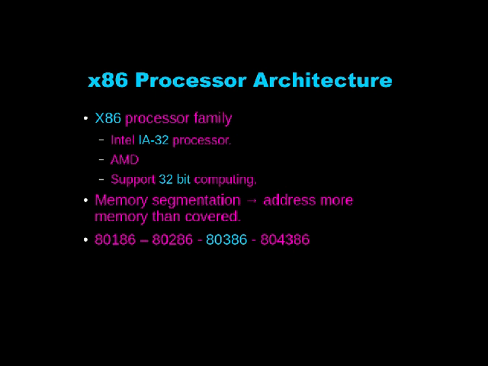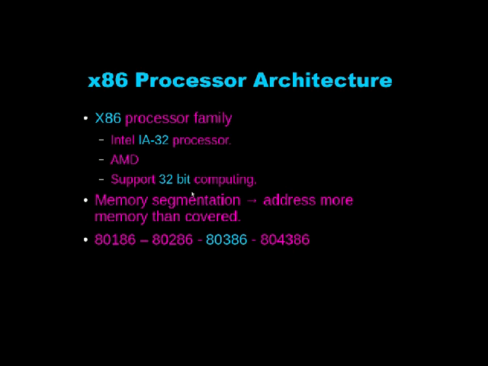For the x86 processors, we're going to talk exactly about the IA32 processor, which is from that family, and actually it's the 80386 processor, introduced in 1985. Before that, processors were 16-bit and 8-bit, meaning they only take 8-bit and 16-bit operands. The IA32 came with the 32-bit feature.